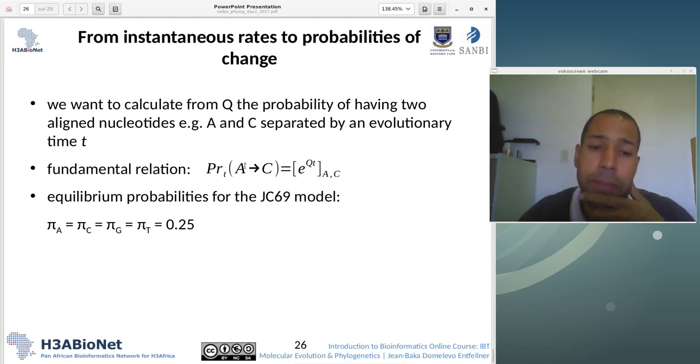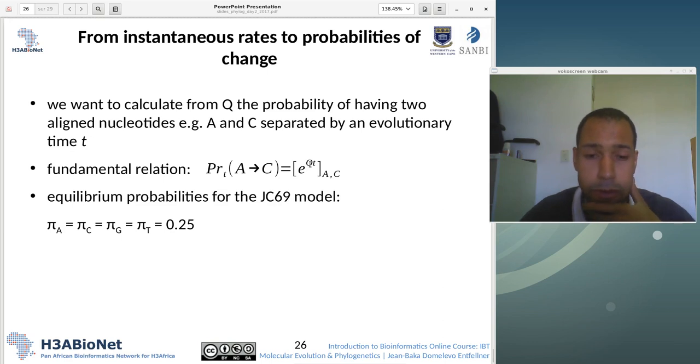So the beauty of the Q matrix is that it gives you straightforwardly, with one matrix exponentiation, these probabilities, okay? So we have the matrix exponentiation of Qt that is used here, and you take out of this matrix.